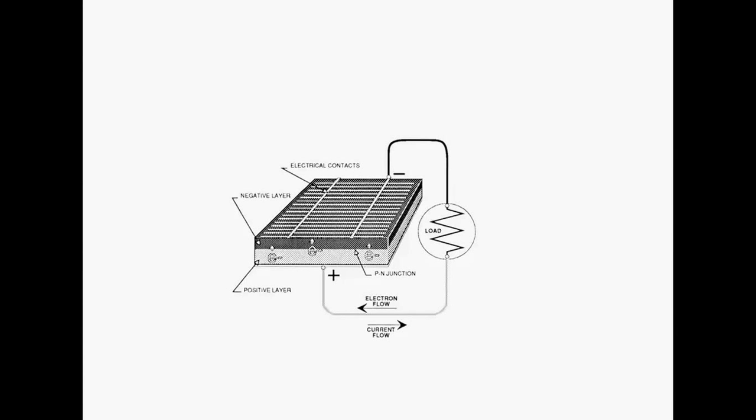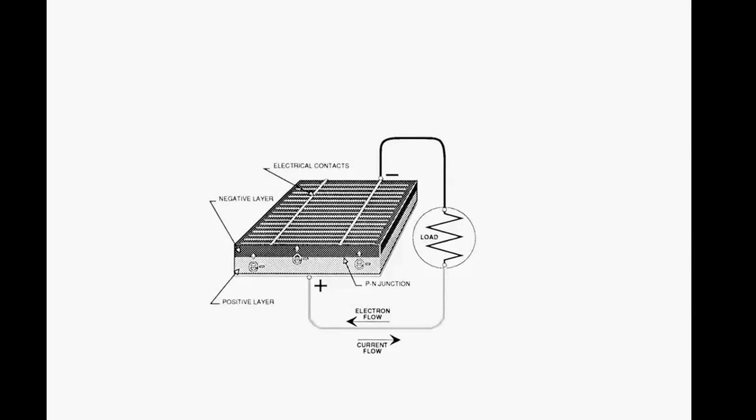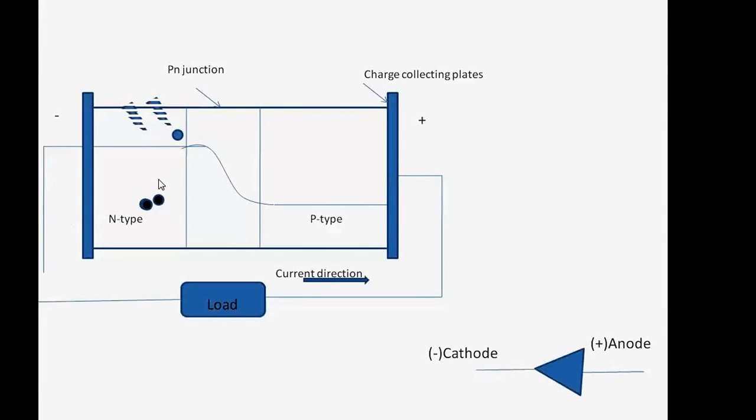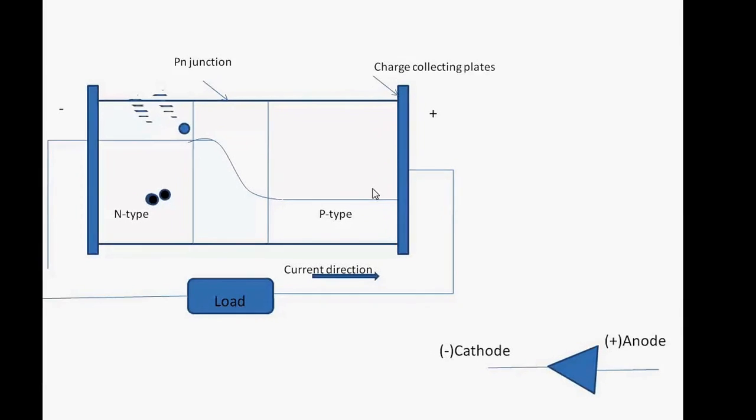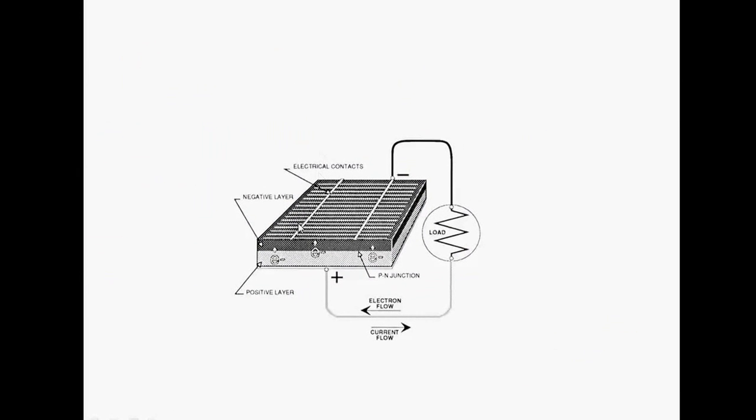The electrons are present near the junction, and this light needs to kick these electrons and pump them to cross the junction like this. So this n-type layer should be as thin as possible in order to allow the light to penetrate through to the junction easily.